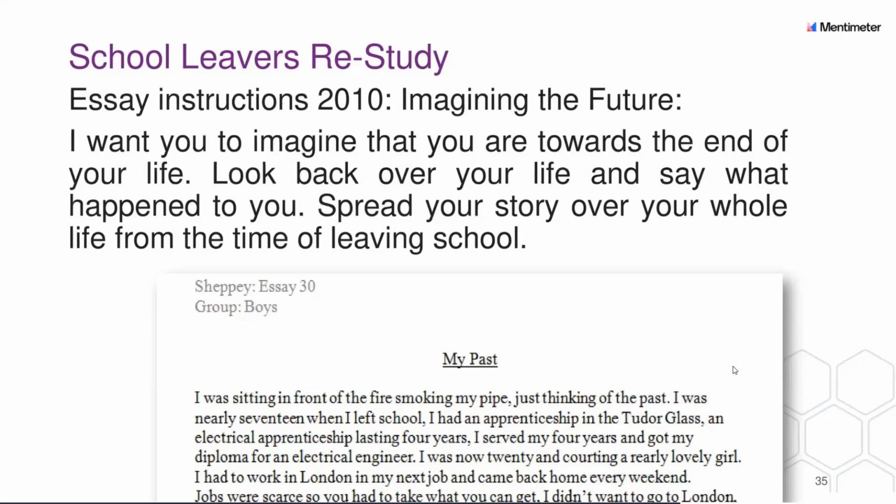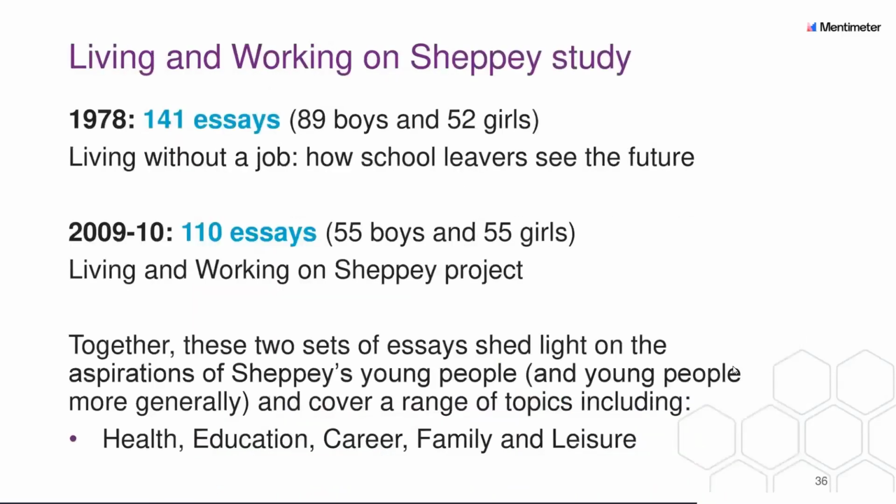But in talking to Ray Paul, they tried to come up with an essay prompt that was very similar to what had been given to students in the 70s. Basically, the prompt was, imagine that you're at the end of your life and reflect back on what you've done since leaving school. They then transcribed those essays and compared the themes of the first set of essays from the 1970s to the essays that they had collected.